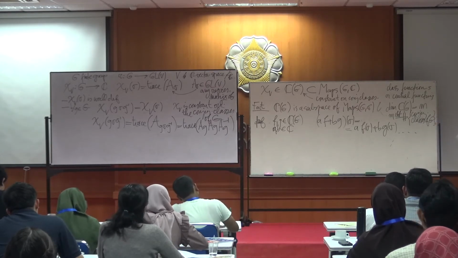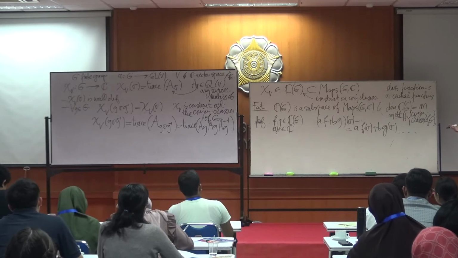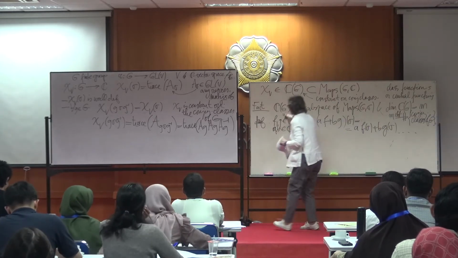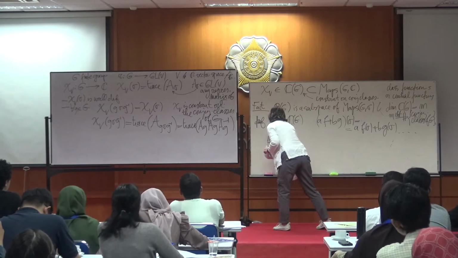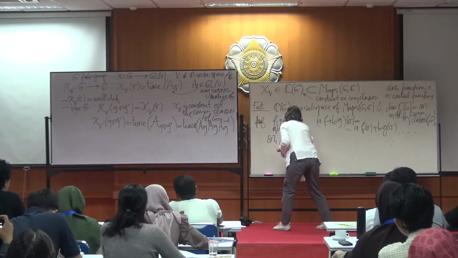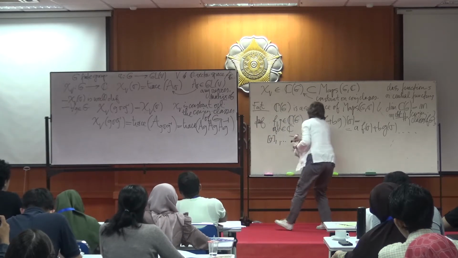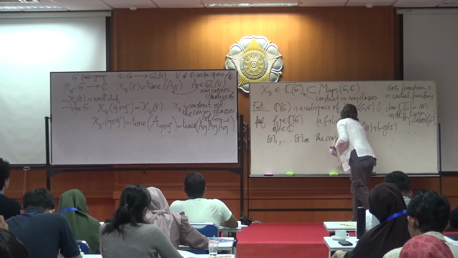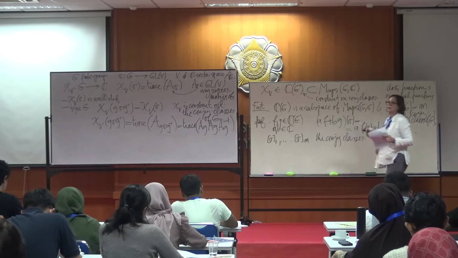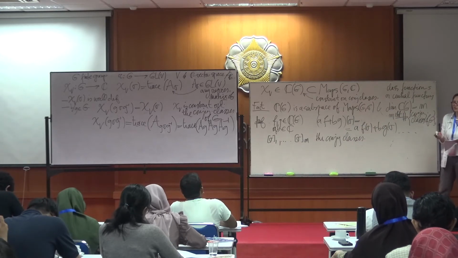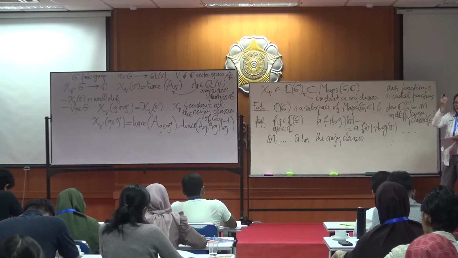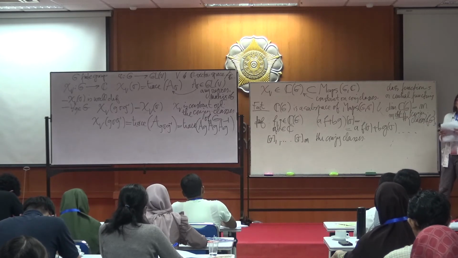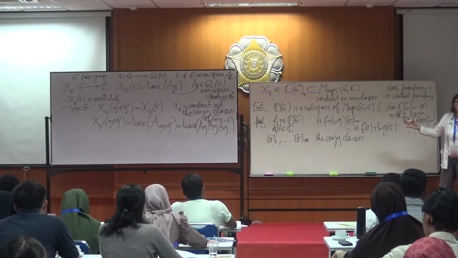For the second point, suppose that we number the conjugacy classes sigma 1, up to sigma m. We can always construct a function which has value 1 on a fixed conjugacy class and 0 everywhere else.